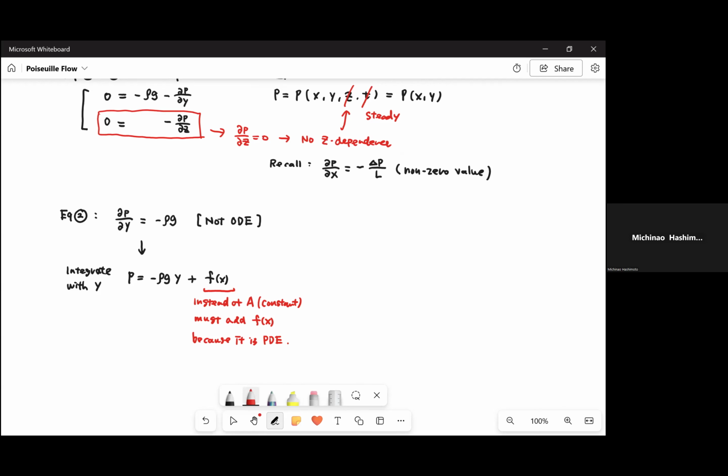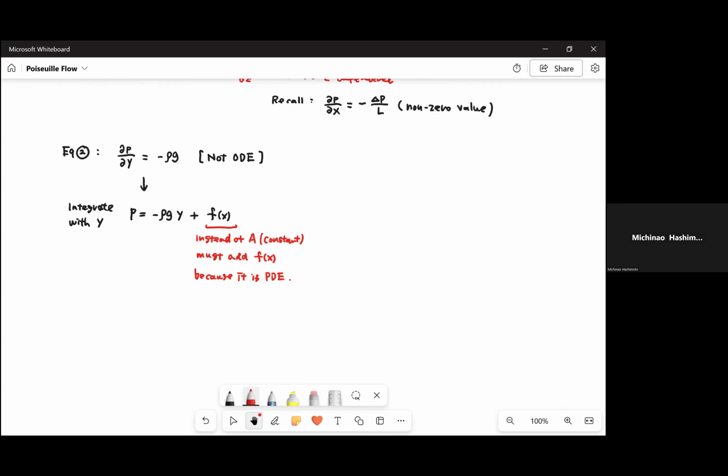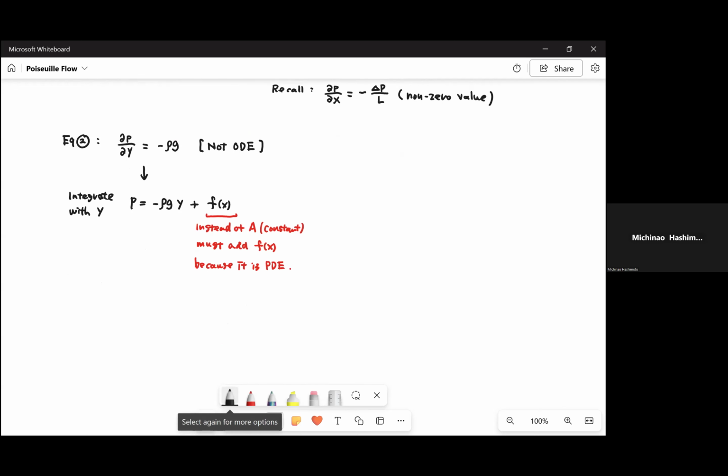Anyway, if you want to do this, then let's consider this to be the star equation. From this equation, differentiate this star with respect to x.